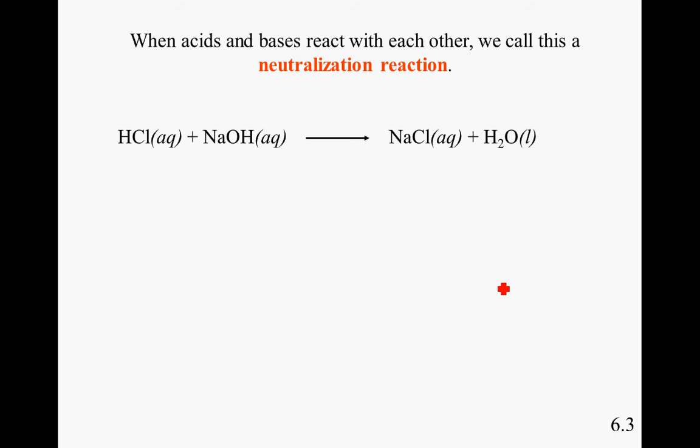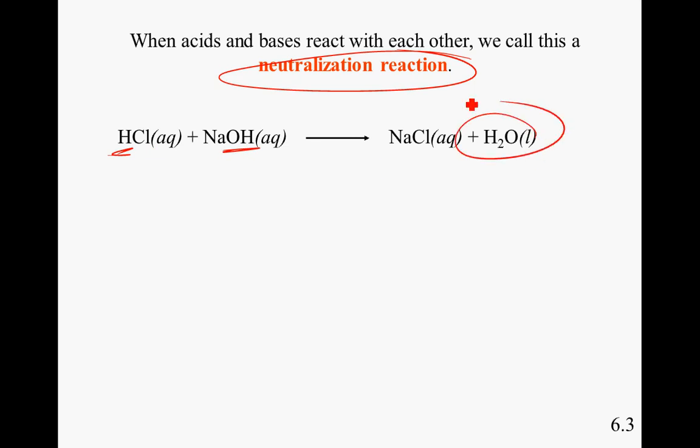When acids and bases react with each other, this is called a neutralization reaction. In neutralization reactions, hydrogen ions from the acid combine with the hydroxide ions from the base to form water.